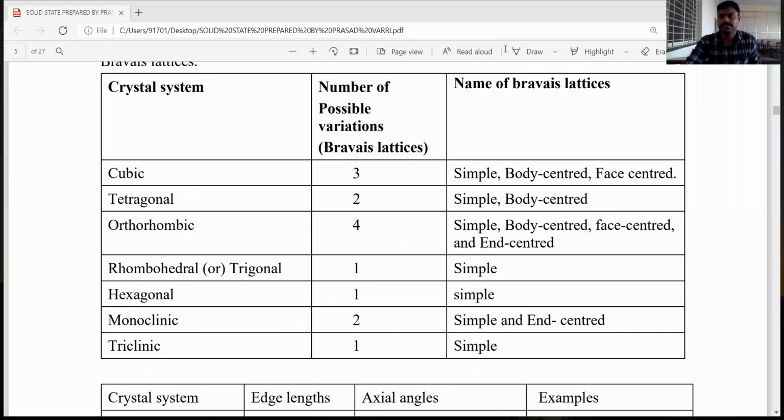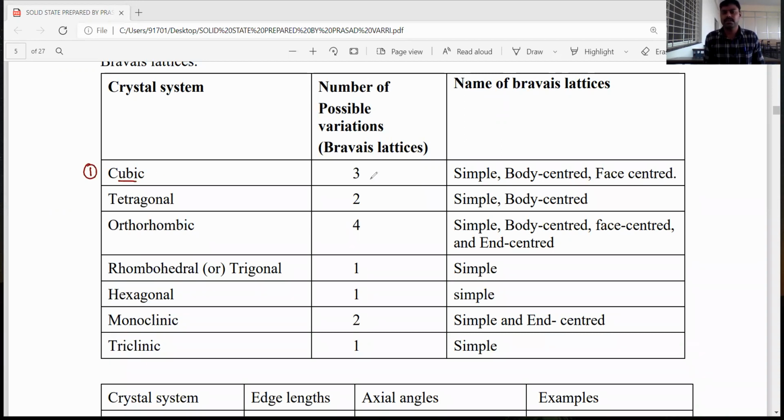Let's see the crystal systems first. What are the 7 types of crystal systems, in every crystal system how many Bravais lattices are present, and we'll discuss those Bravais lattice or unit cell names. The first one is the cubic crystal system.